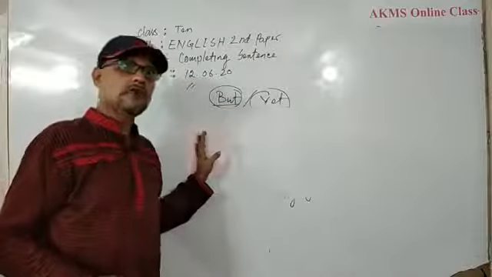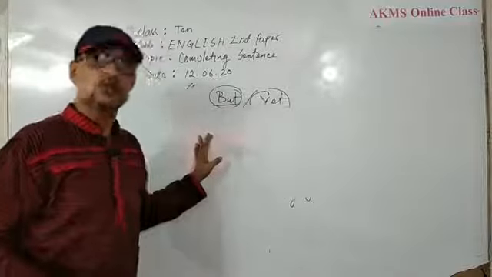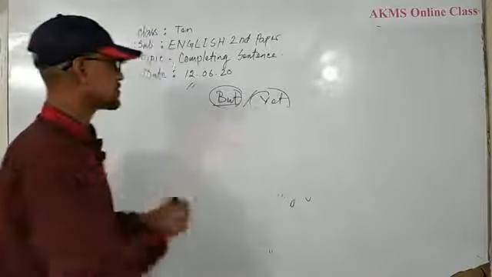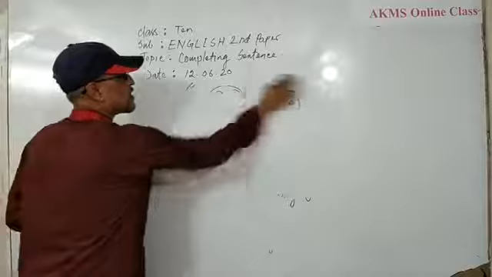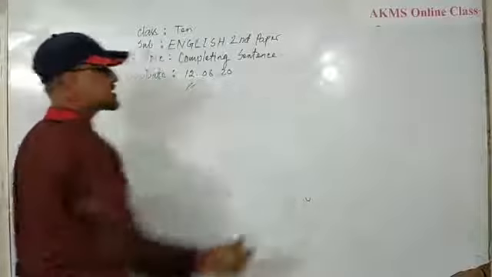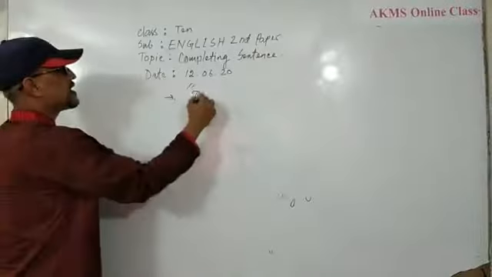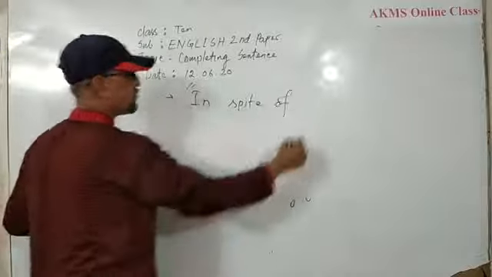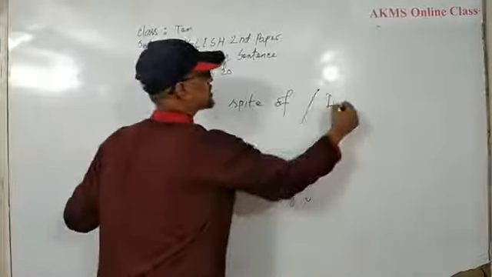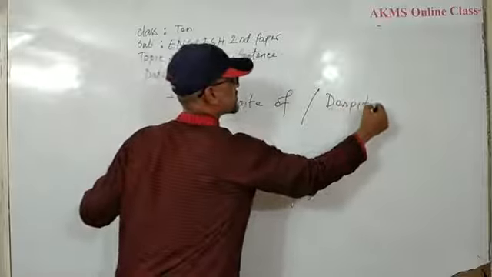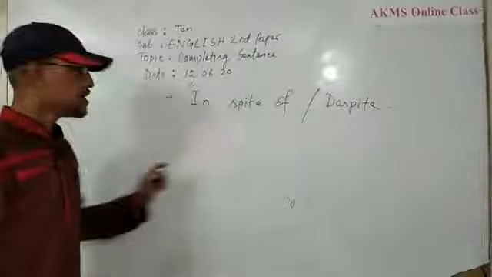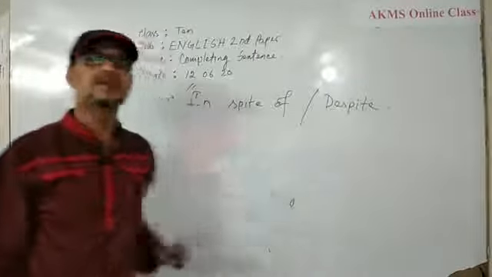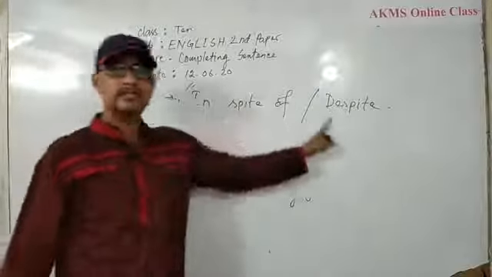With the use of a linker, you can use another phrase, not clause, phrase. And the linkers will be in spite of or despite. You cannot use despite of. What is the meaning of in spite of and despite?